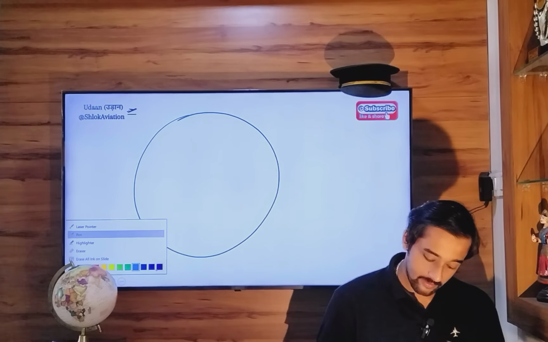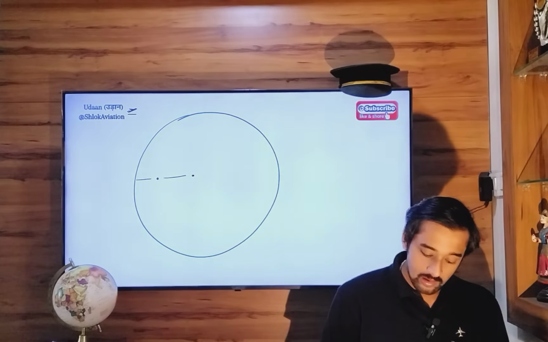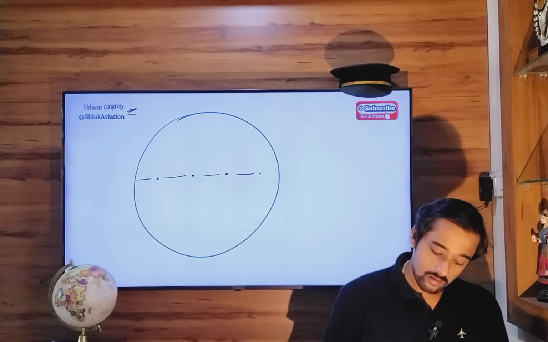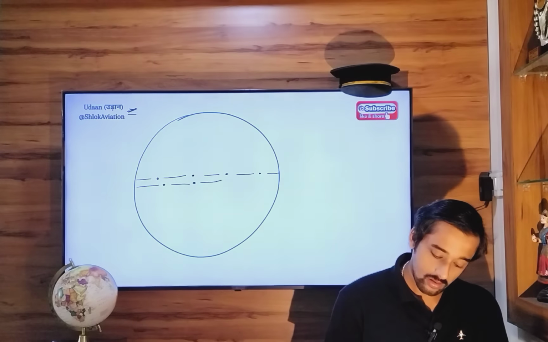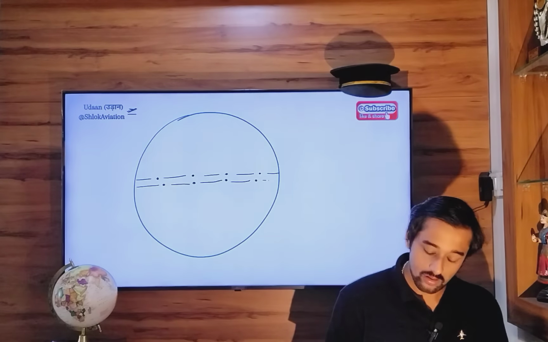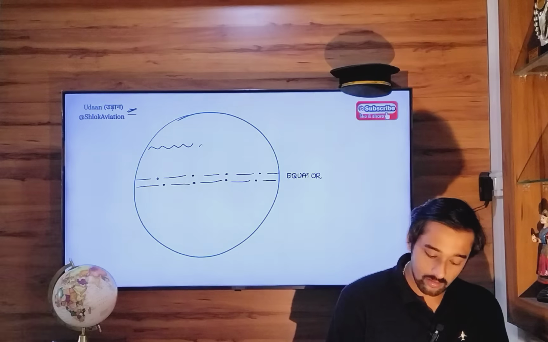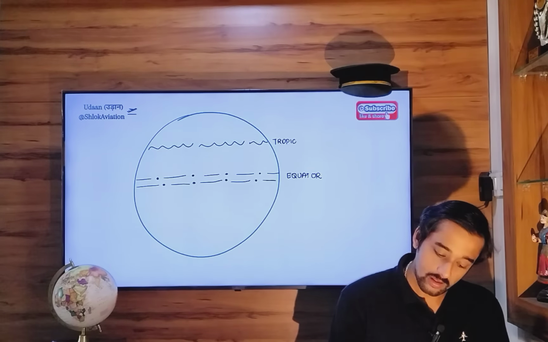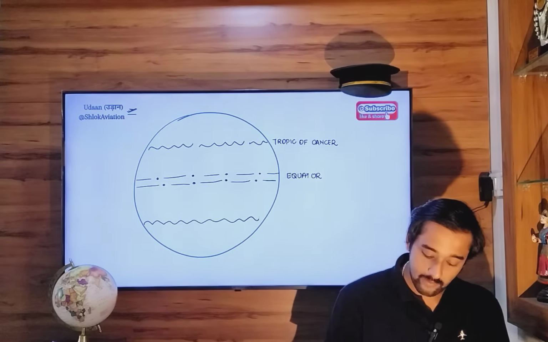We have the equator, then the Tropic of Cancer, and then the Tropic of Capricorn.